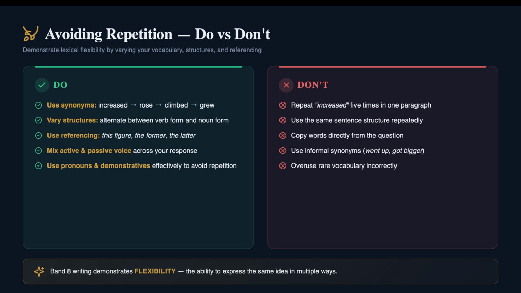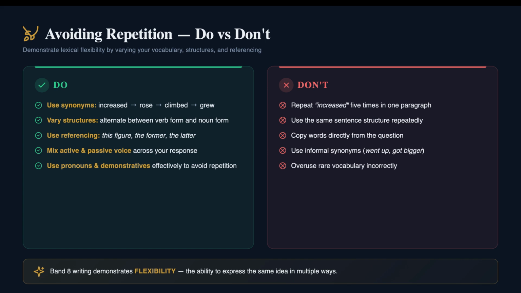Use referencing features, the former, the latter. Why? Because you avoid repetition from the original task question. Right. Mix active and passive voice across your response. So of course, so far I've told you to use passive voice in your writing task one, but not every sentence must be passive voice.